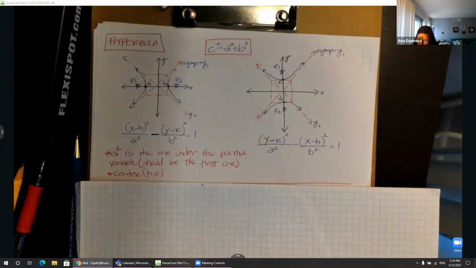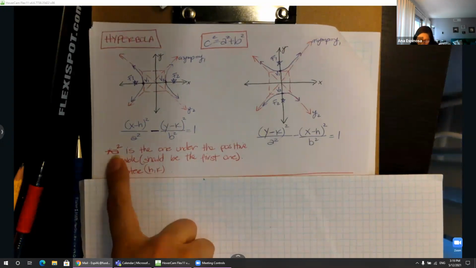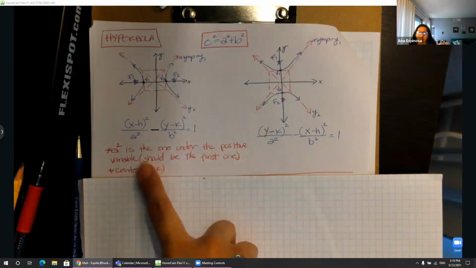I'm talking too much. So in this case, when you see a minus in the middle, that should be your cue to say, yes, this is a hyperbola. The next thing is a squared will not be the largest. I repeat, a squared will not be the largest, which is very important for you to make your note card and make these distinctions. It is the number underneath the positive variable.